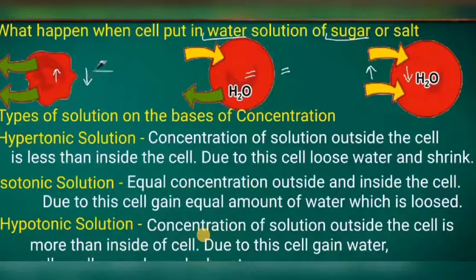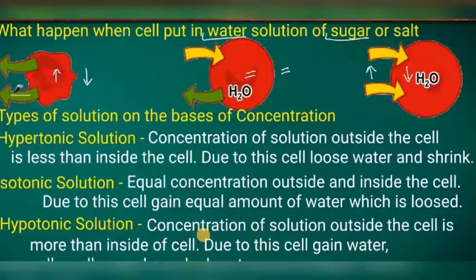It means the concentration of the solution outside the cell is more than inside the cell. Due to this, the cell loses water and it will shrink. So that kind of solution we consider a hypertonic solution.